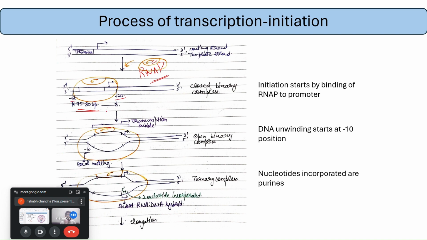First the sigma subunit recognizes the minus 35 and minus 10 boxes, and this arrow represents the transcription start site. It binds to the promoter region and some of the region after the plus 1 site of transcription.